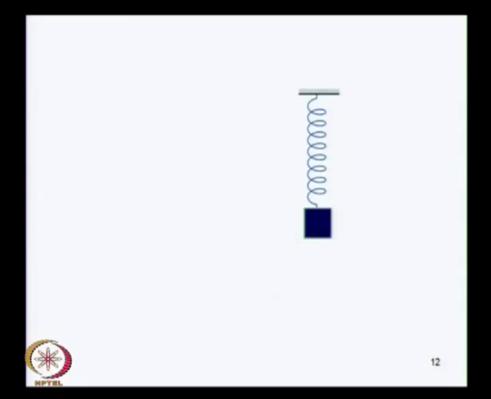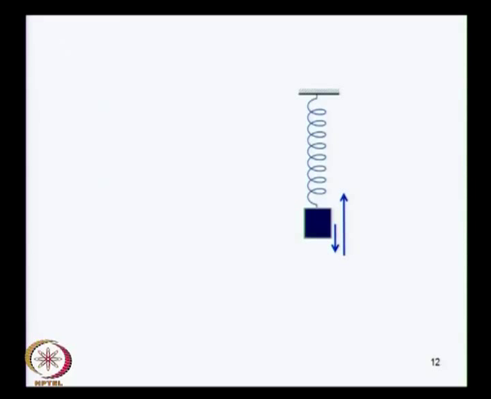So this kind of situation happens for a mass spring oscillator, for example, that if you have a mass suspended with a spring and you push it a little bit and then let go, the spring has a restoring force because it has elastic properties. So there is a tendency of the material to recover from the strain, and then it tries to come back to its original configuration.